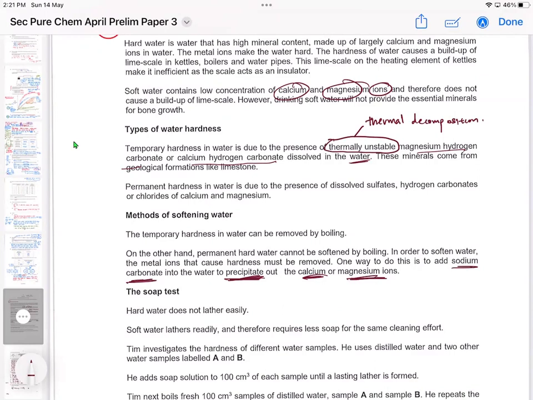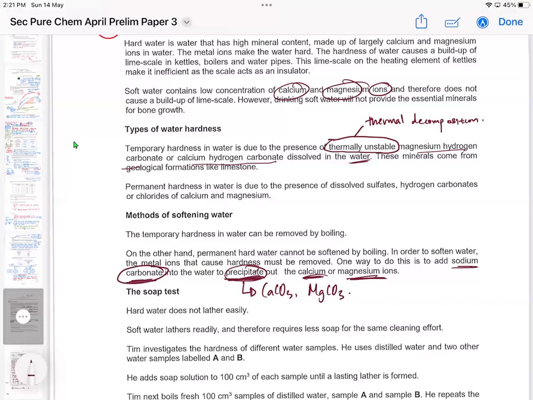But also temporary, once you boil them, they will break down already. So it is the precipitates. Now, based on these statements, because it's sodium carbonate, the precipitate here that's likely to form when you remove the calcium or magnesium ions is very likely calcium carbonate and magnesium carbonate. Because the magnesium and the calcium are both in the solution, making the water hard.